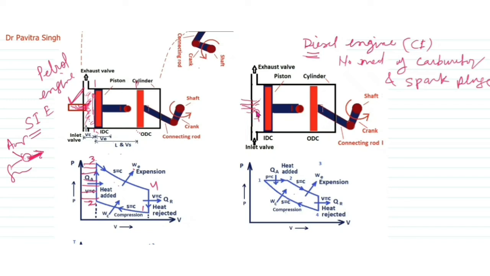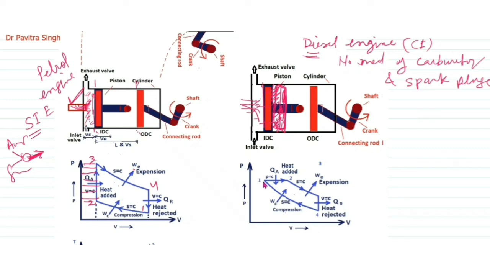Due to injection, the fuel will take some volume. Suppose this volume shifts the piston from here to here. So due to the addition of fuel, the piston moves from this position to this position. This is the volume occupied by the fuel, meaning diesel.